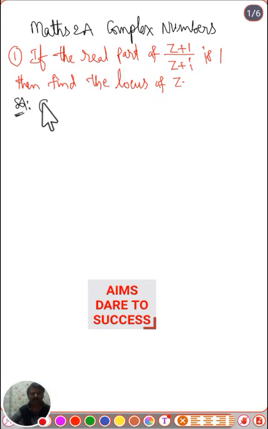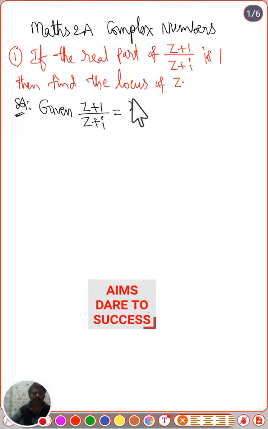First of all, given (z plus 1) by (z plus i). If they specify or not specify, z is equal to x plus iy. So here z is x plus iy, plus 1, divided by x plus iy plus i.